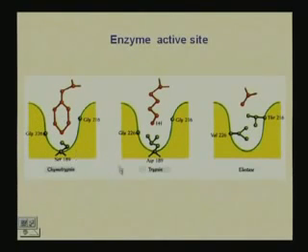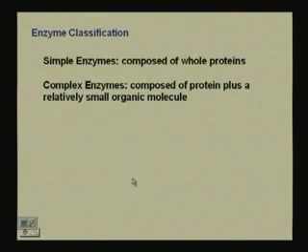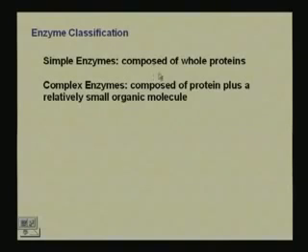Now, if we look at enzyme classification, we have simple enzymes and we have complex enzymes. What do we mean by them? A simple enzyme is composed of a whole protein. An example of a simple enzyme would be ribonuclease. Ribonuclease is composed of a whole protein.